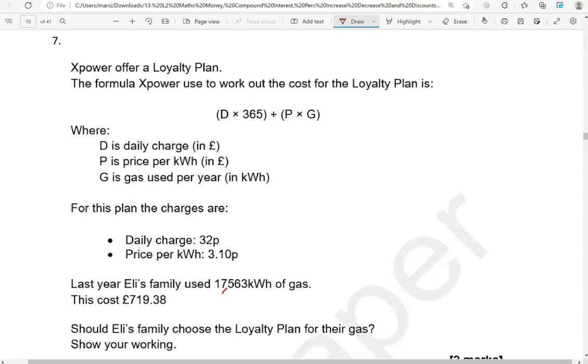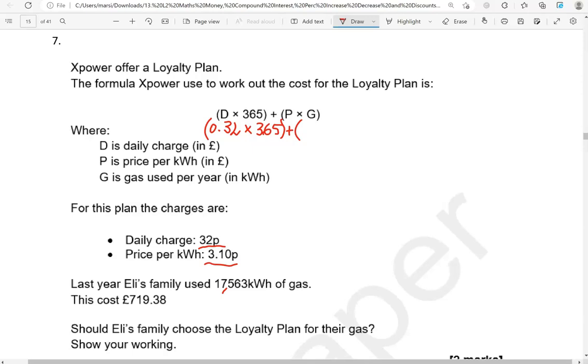So we're going to work out how much it costs using the loyalty plan and compare it to what they normally are charged, like what they were charged last year. So D is a daily charge, which is 32 pence. So we'll write it in pounds as 0.32 times 365 plus P, which is price per kilowatt hour.